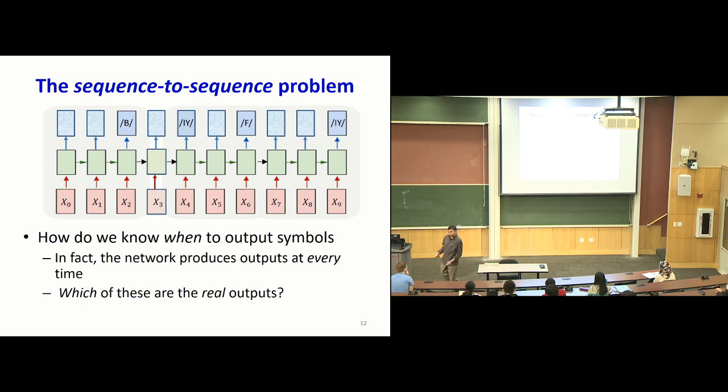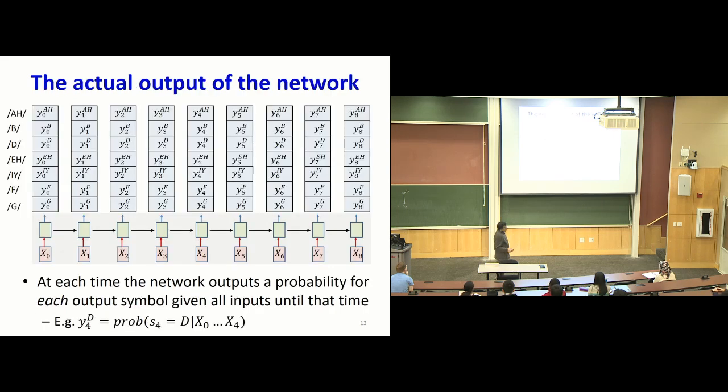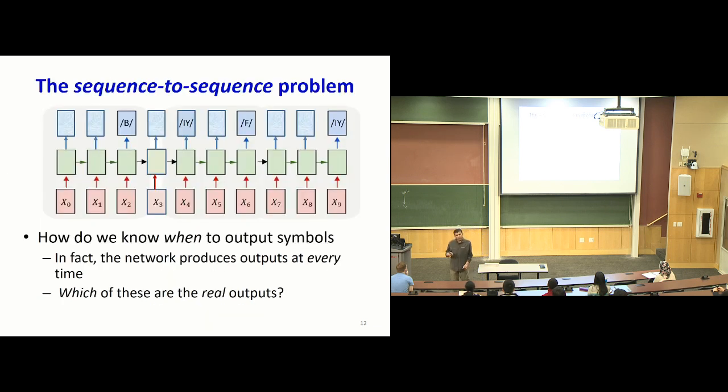This makes it hard, because the network has produced an entire sequence of blue boxes. Somehow we must figure out that the boxes to read are this one and this one and this one and this one. And this is a challenge.